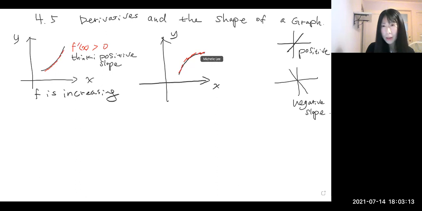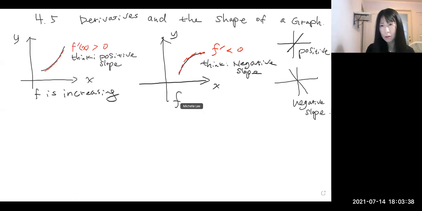Then we say this f prime is less than 0, because it's a negative slope, right? Then is the function increasing or decreasing? Decreasing.